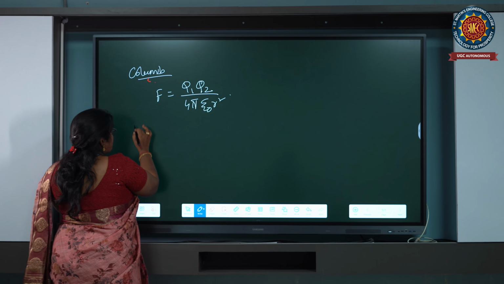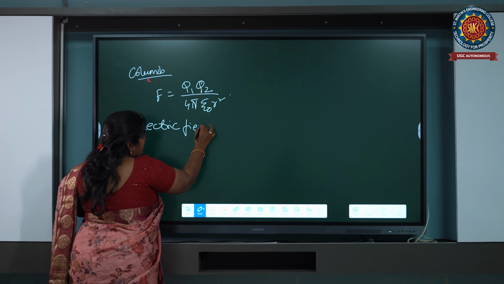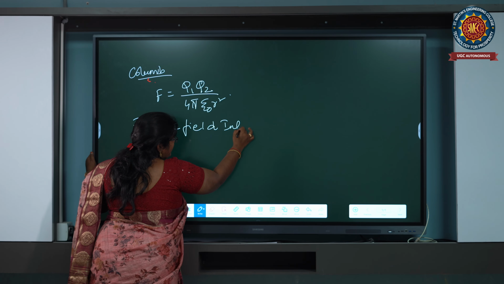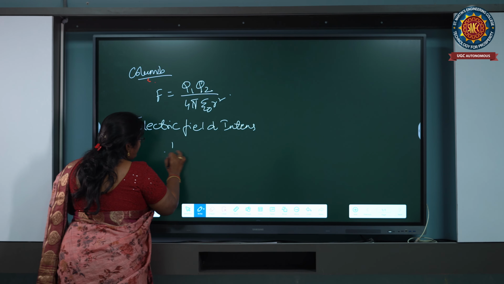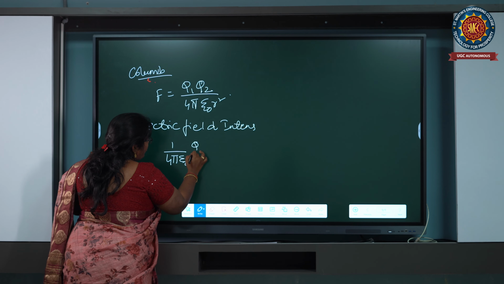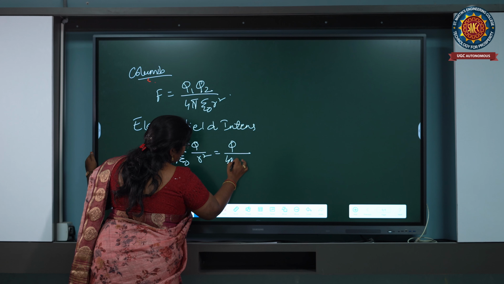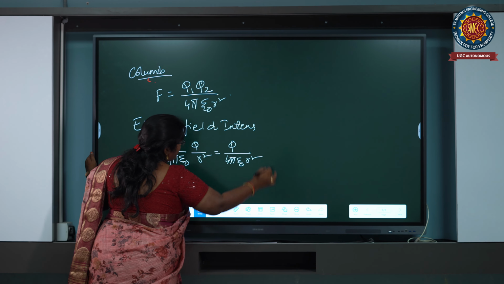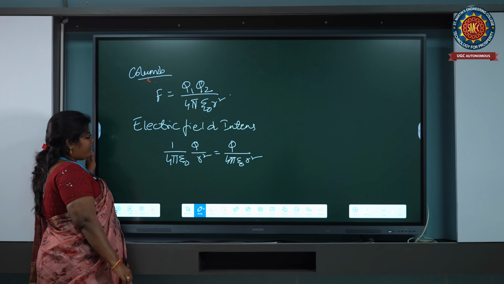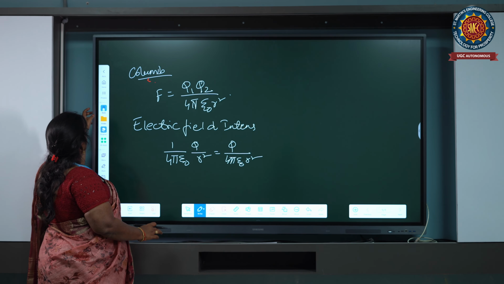Coming to electric field intensity, the equation is 1 by 4 pi epsilon naught q by r square. So directly we can write only q by 4 pi epsilon naught r square. This is the common difference between the two.